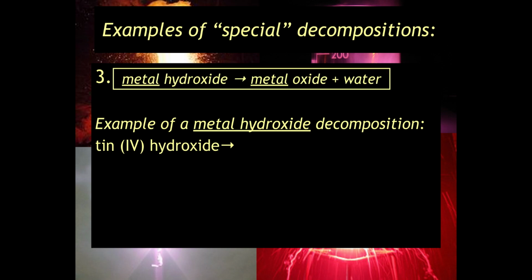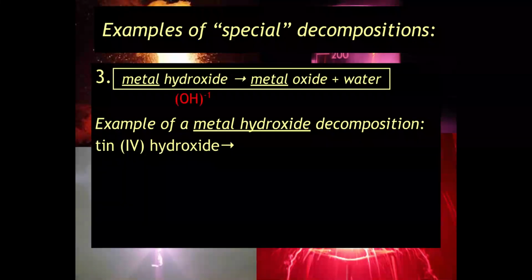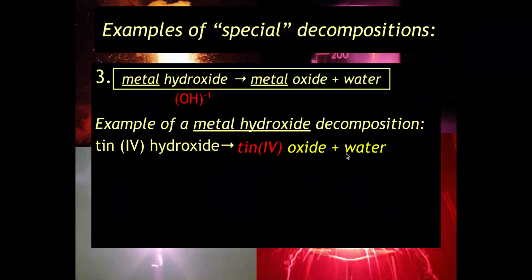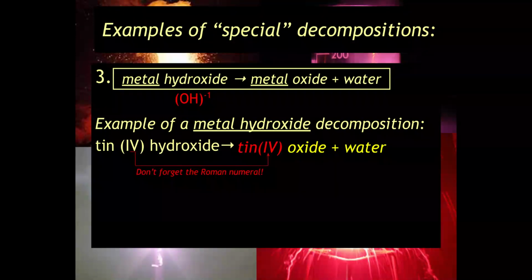What's going to happen? So, metal hydroxides break down into metal oxide plus water. So, if I have tin hydroxide, it's going to break down into tin oxide plus water. So those are your 3 special decompositions.